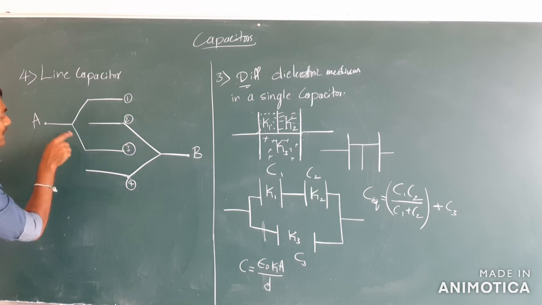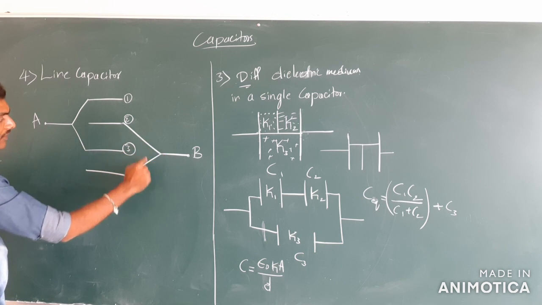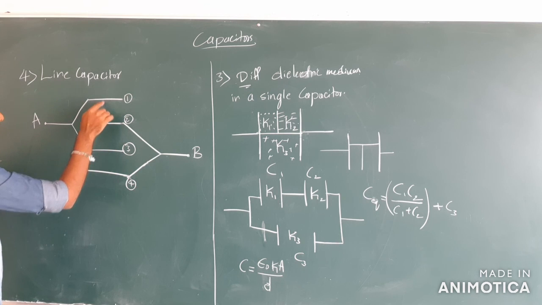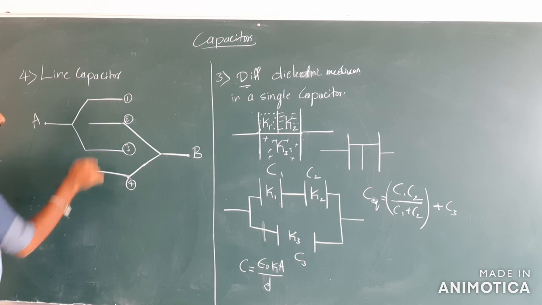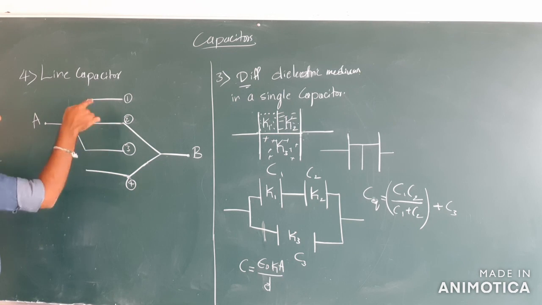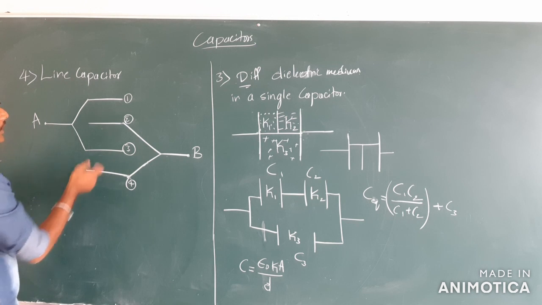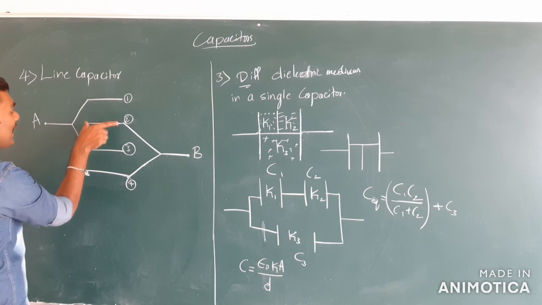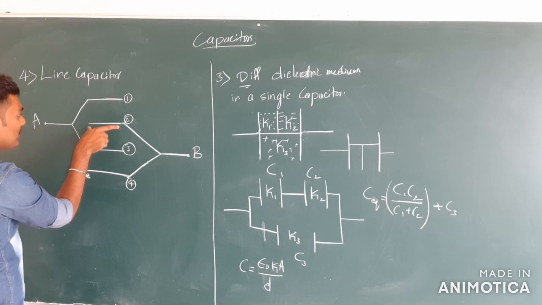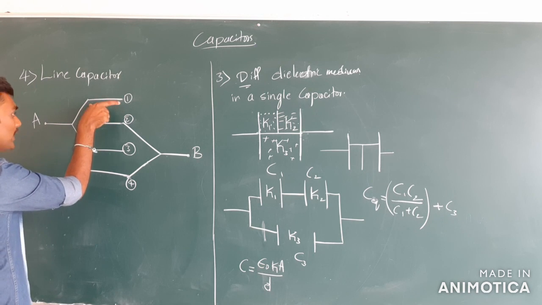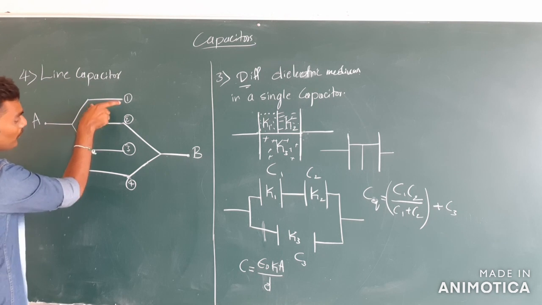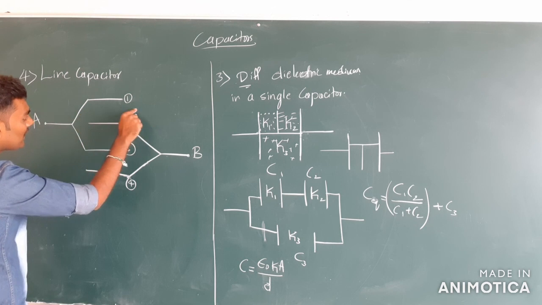These lines are simple wires, you don't need to bother about them. Only these parallel lines represent the plates of the capacitor. Plate 1 and plate 2 are parallel to each other without any plate in between.